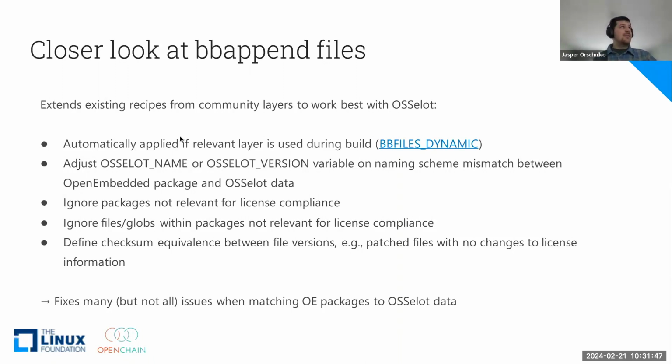Using these BB append files, we can fix many, but unfortunately not all of the issues that I just mentioned. There are some issues still open where we have to figure out as we go how we want to deal with that.